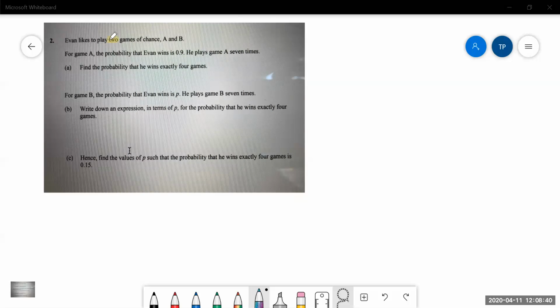Evan likes to play 2 games of chance, A and B. For game A, the probability that Evan wins is 0.9. He plays the game 7 times.